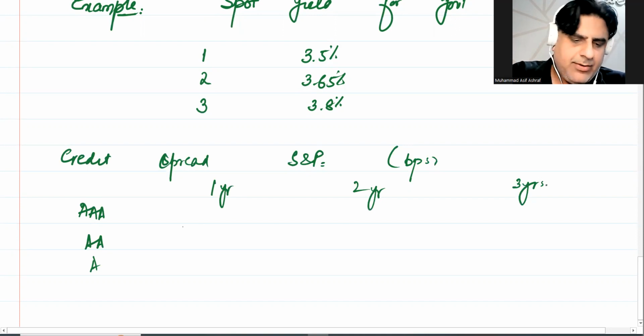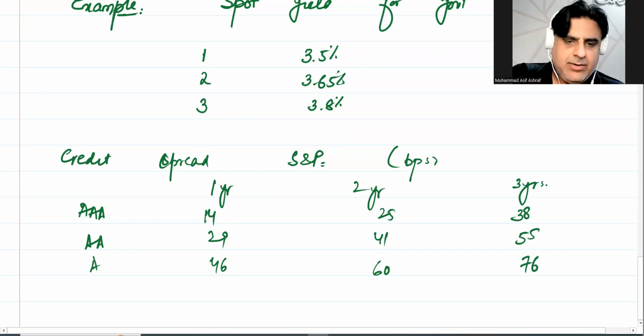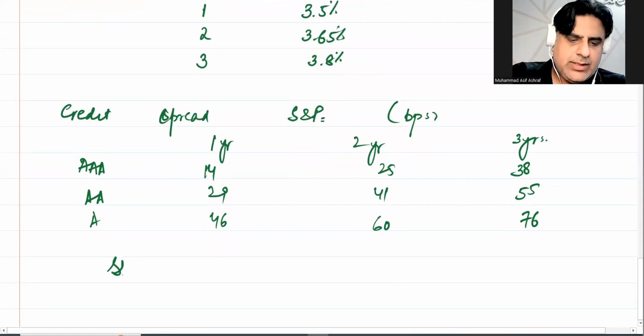So credit spread for triple A for 1 year bond is 14 BPS, then 29, 46, 25, 41, 60, 38. I am just giving the example. And your company is Stone Co, which is A rated.